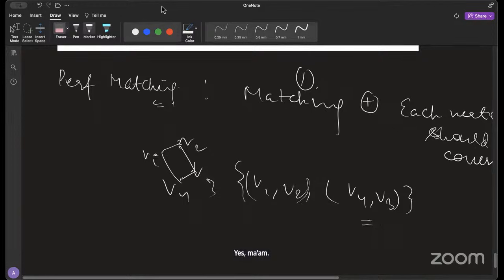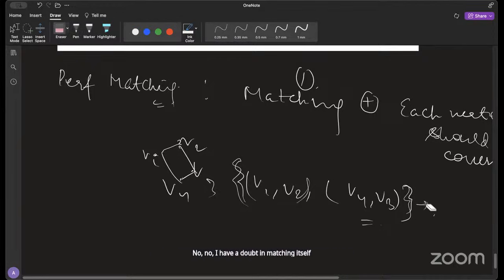In this case, V1, V3 are matching, right? Just for my understanding, in the graph that you just drew, they are not having adjacent edges, right? Your perfect matching is this set. I have a doubt in matching itself.